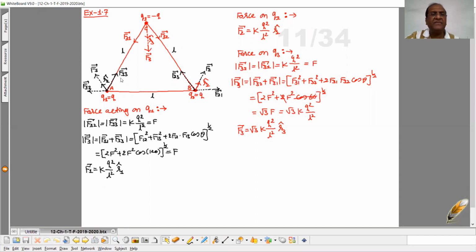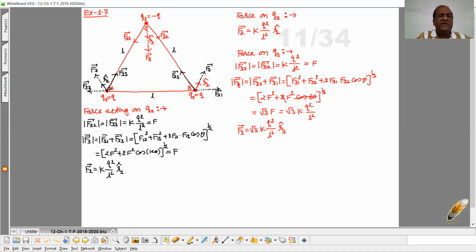Now see, at A, charge Q1 is Q. At B, charge Q2 is Q. And at C, charge Q3 is minus Q. Now suppose we first calculate the force acting on Q1.